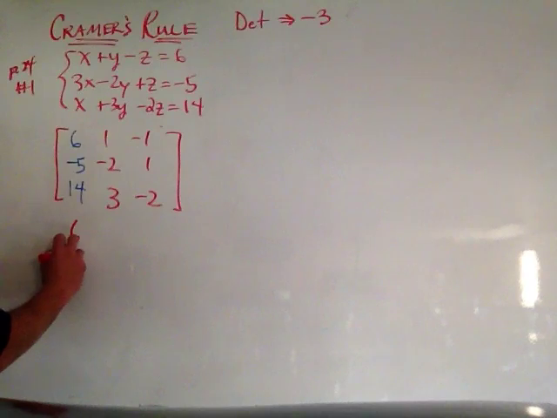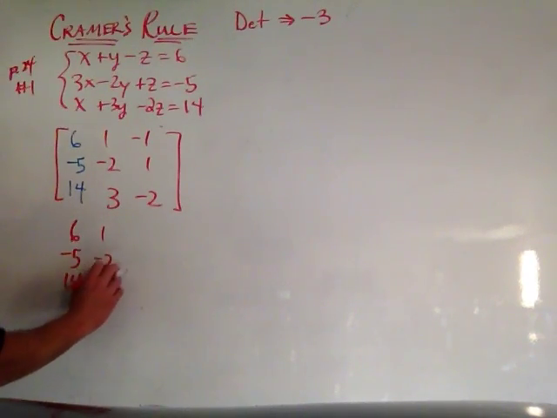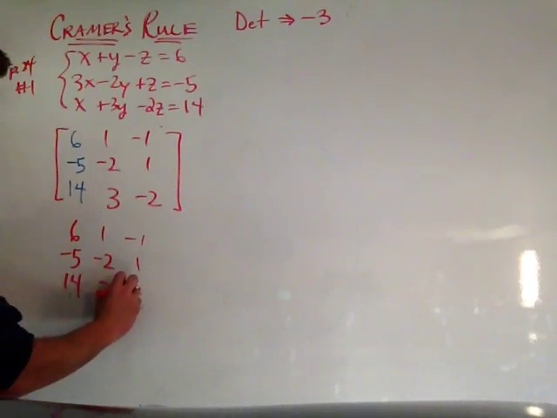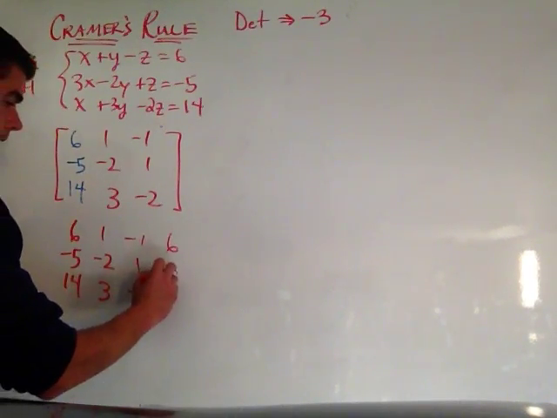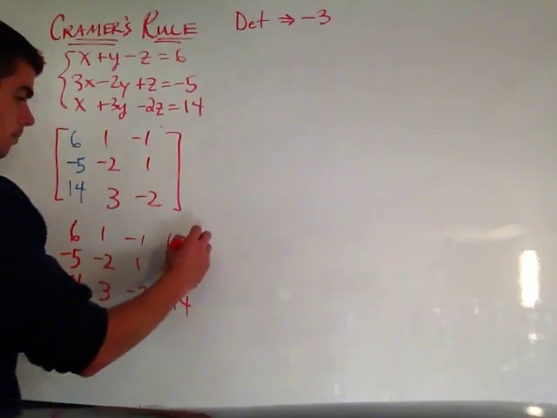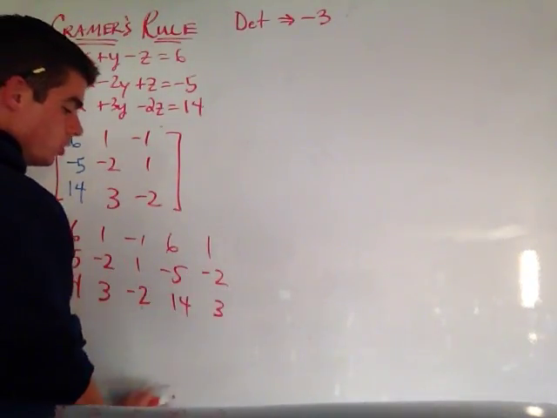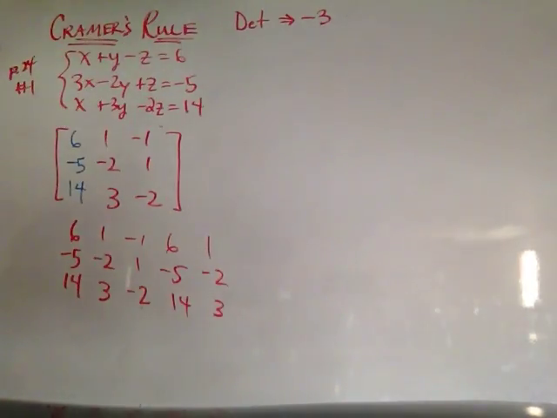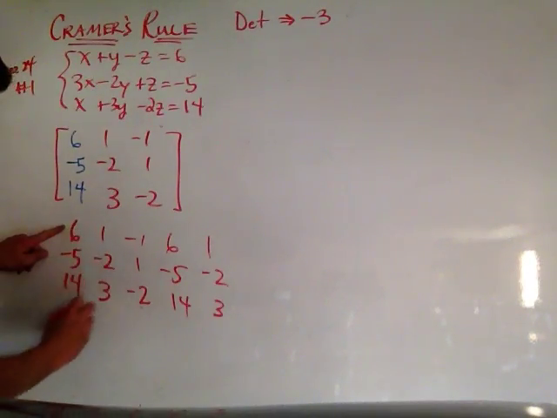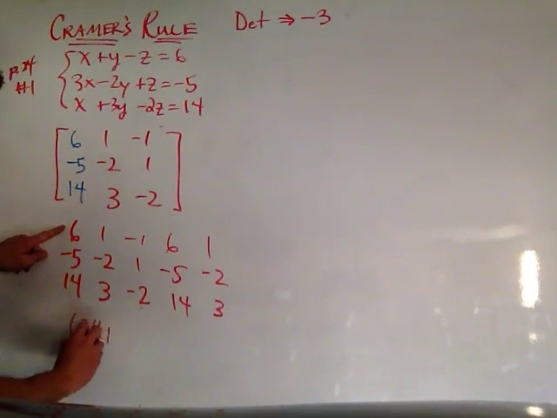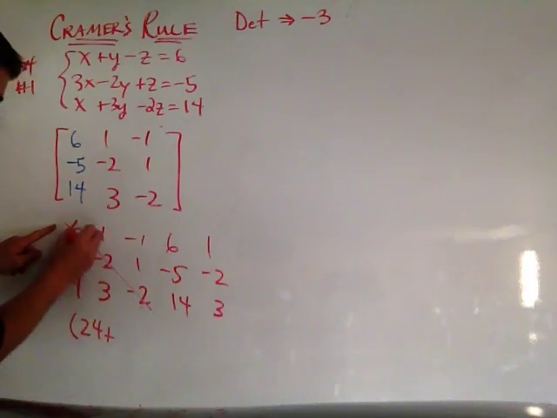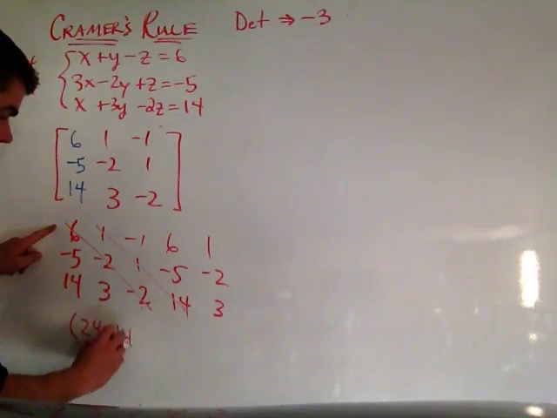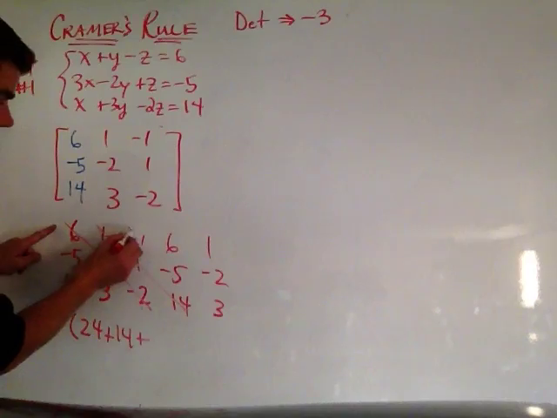And again, if you're really good at finding 3 by 3 determinants, as you should be, then do this on your own. Don't follow me, and see if you come up with the same solution. So let's see, here we go. Again, I won't talk, so you can watch, or do it on your own and check.